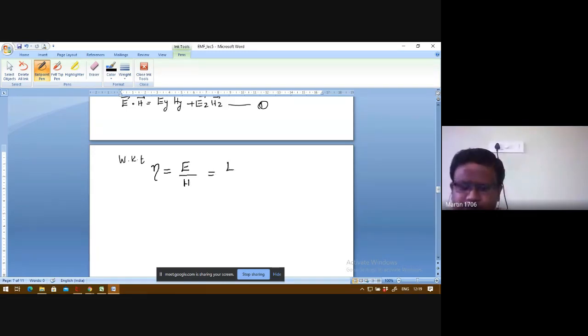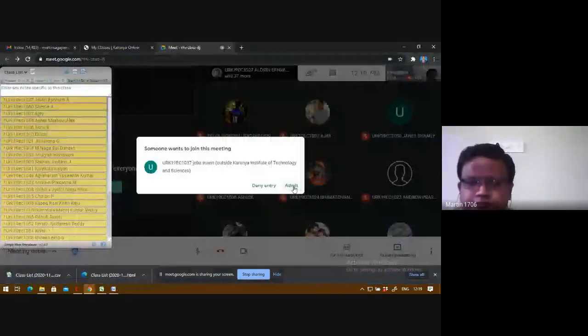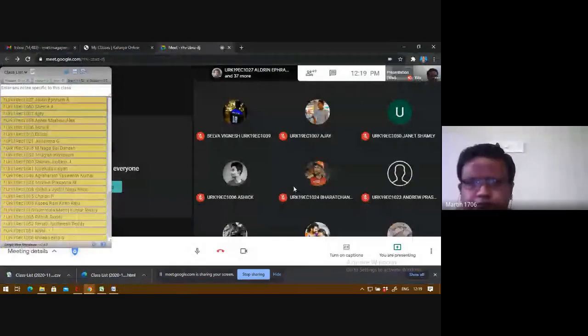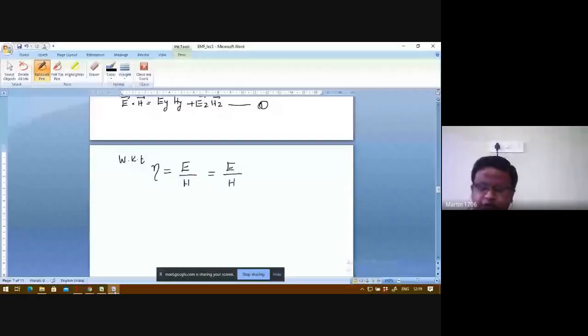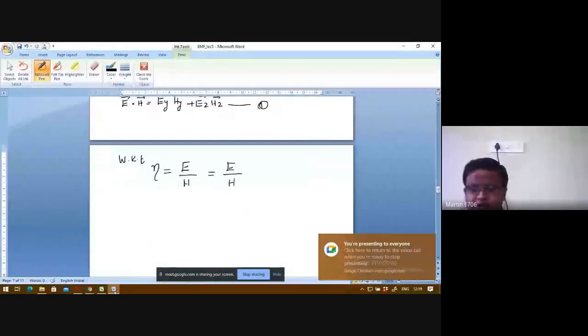I am going to represent the equation in terms of the axes. The numerator has the electric field and the denominator has the magnetic field.